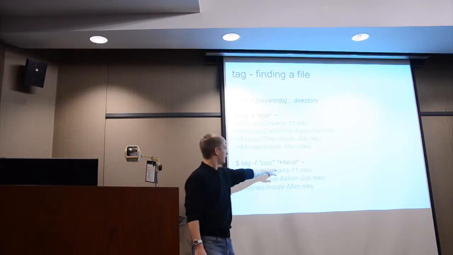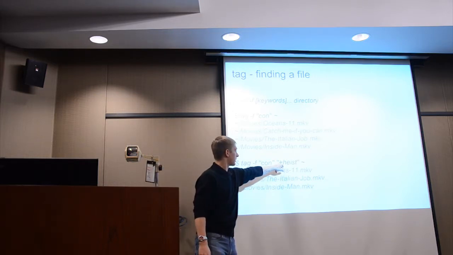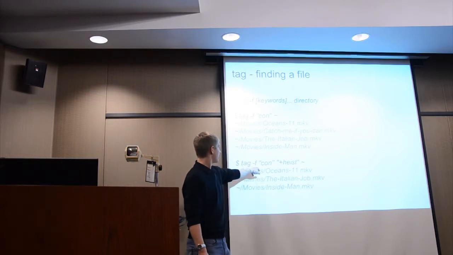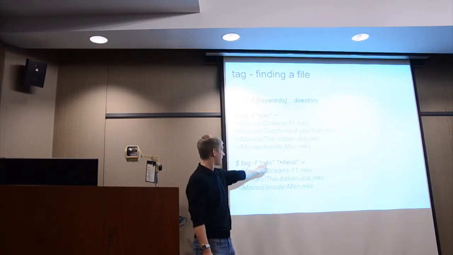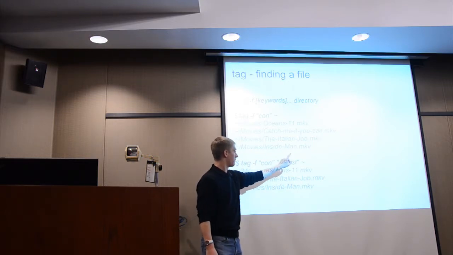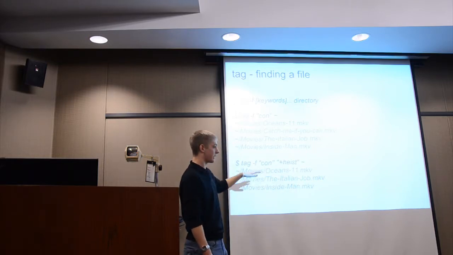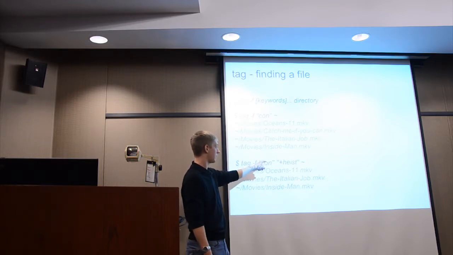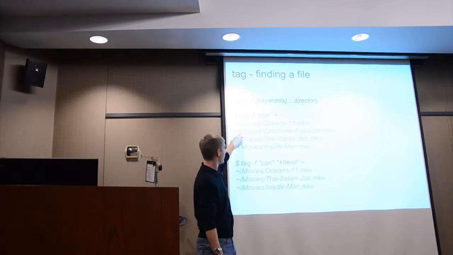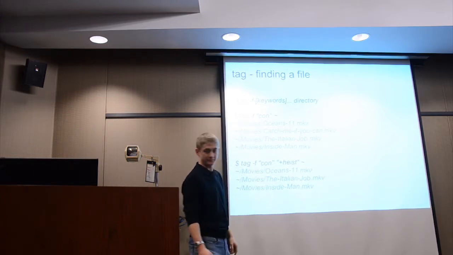I have little prefixes, like pluses, that say it'll return all files that contain the tag con, but they must contain the word heist. So it'll reject files that don't have that tag associated with them. So like that was not tagged with heist, it will not show up in this list.